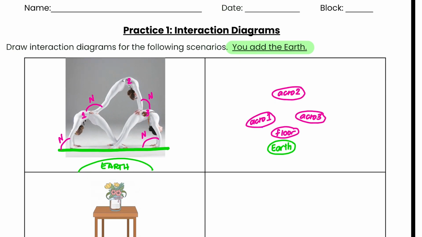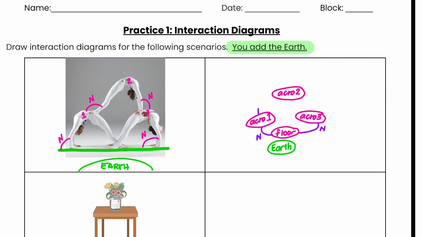Acrobat number 1 has an interaction with the floor, and that is a normal force. Acrobat number 3 has an interaction with the floor, also a normal force. Acrobat number 2 does not have an interaction with the floor, so there will be no interaction drawn between the floor and acrobat number 2.